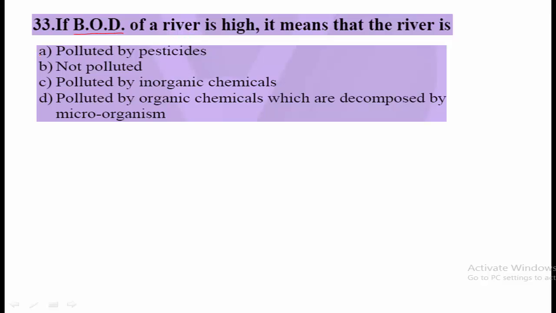Therefore, among these options, option D is polluted by organic chemicals which are decomposed by microorganisms. So option D is the right answer. If you know the definition of BOD, you can easily take the correct answer.